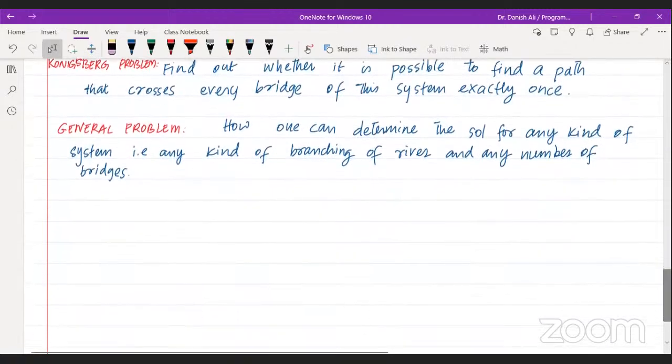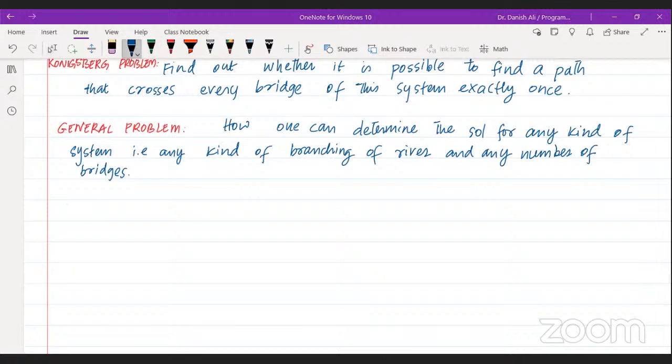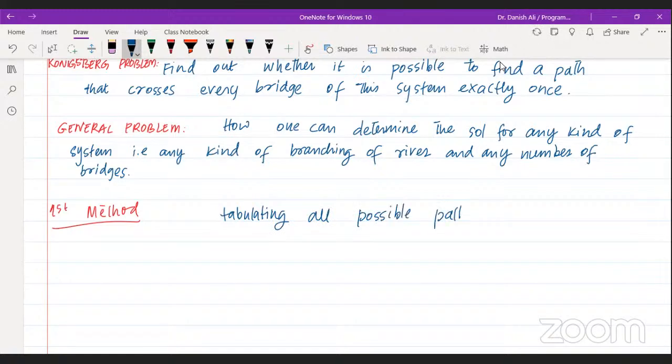The first method he introduced is what he called the brute force method: tabulating all possible paths, which is what we were doing, and checking whether one of the paths has this quality that we can cross all the bridges exactly once.